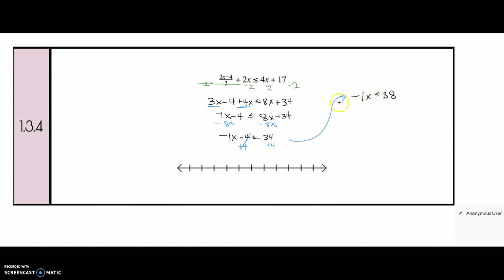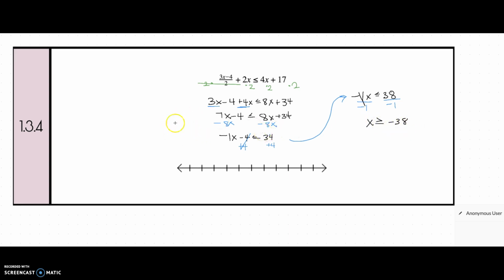And then this x is still not alone, it's still got that negative 1, so I want to divide both sides by negative 1. And whenever I multiply or divide by a negative, I have to flip that sign. So I'm just going to start by doing that, because if I don't, I always forget. And so I'm left with x is greater than or equal to negative 38.